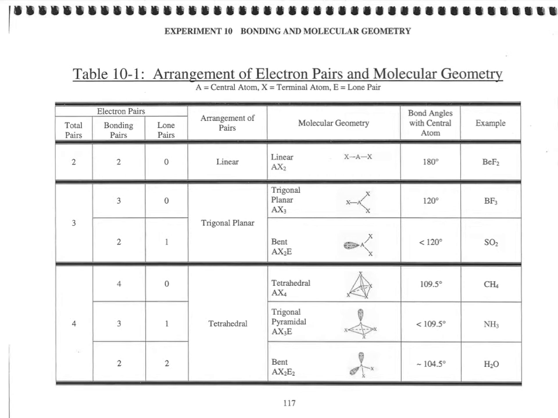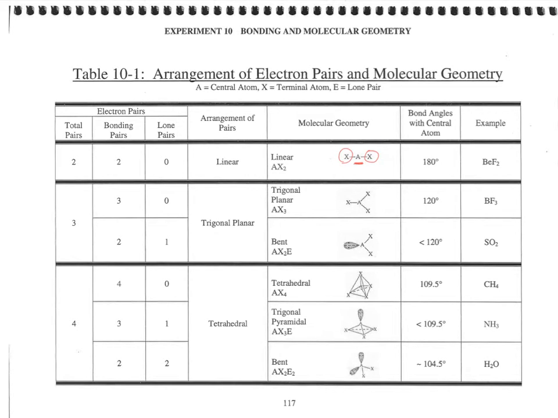So if from a Lewis structure in your molecule you have two terminal atoms bound to the central atom, and there are no lone pairs, then you have two bonding pairs. The bonding pairs here simply refer to the terminal atoms.